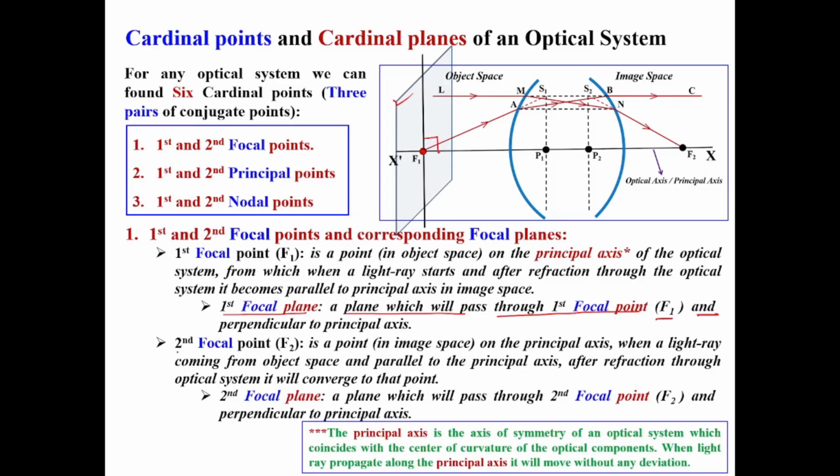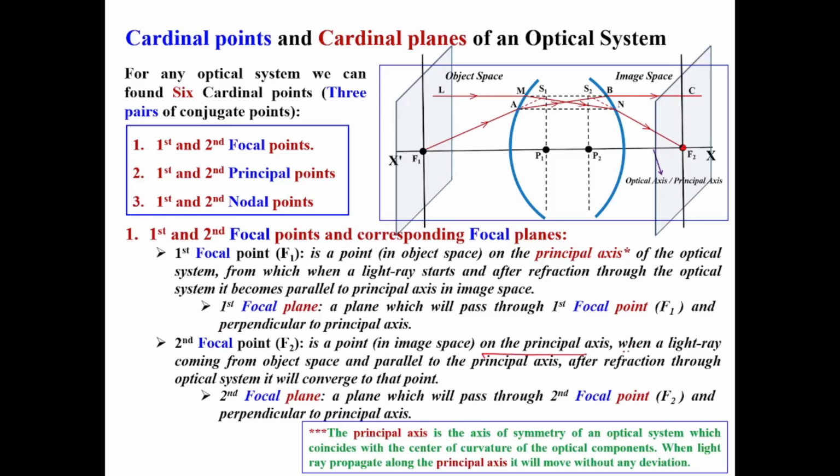Now we are going to move towards the second focal point f2. In the figure, f2 is here. It is a point in the image space on the principal axis.